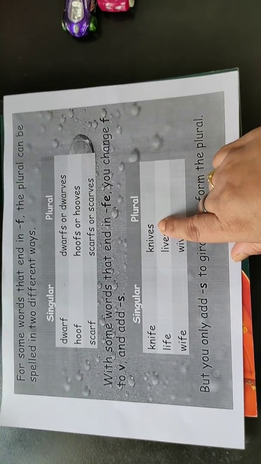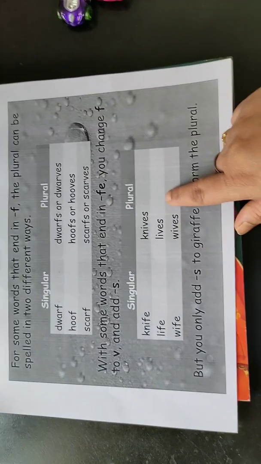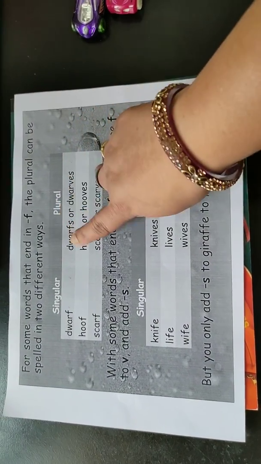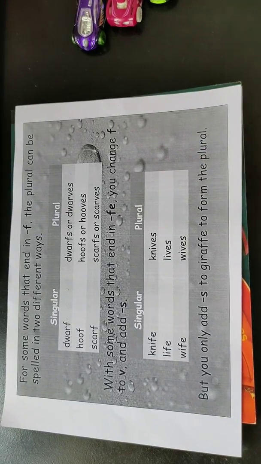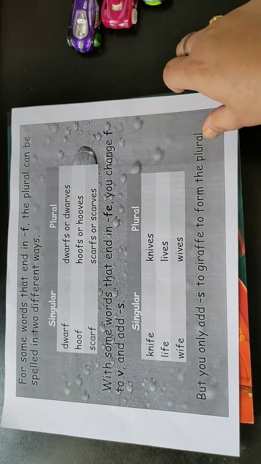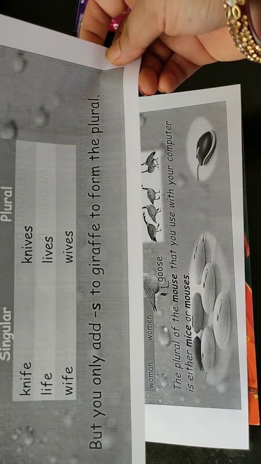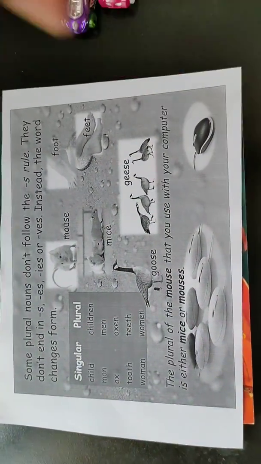With some words that end in FE, you change F into V and add S, some have both ways, and some just take S. So the most difficult of the rules is the words changing with F, because there are lots of exceptions to it. And you only add S to giraffe. One more exception there.